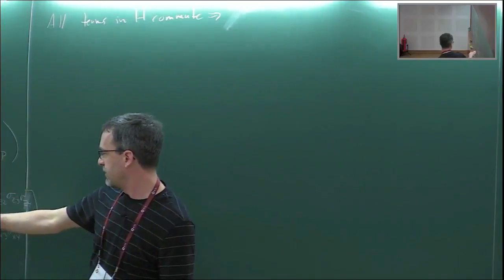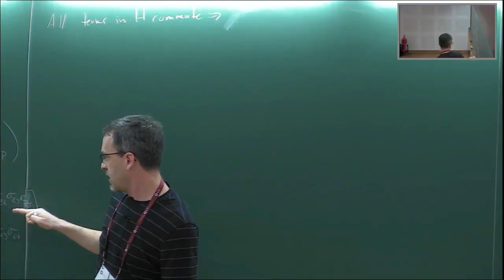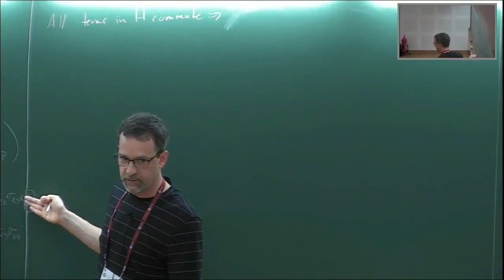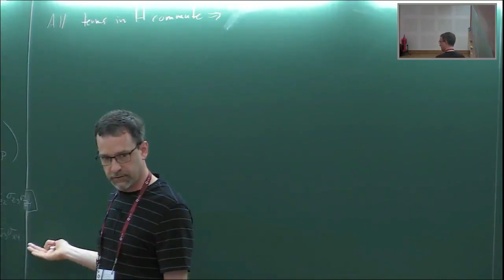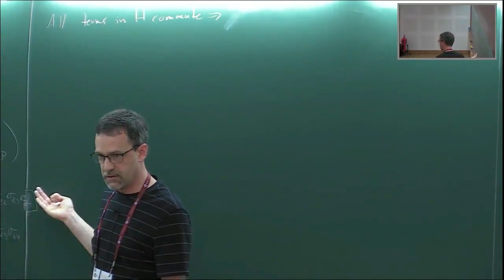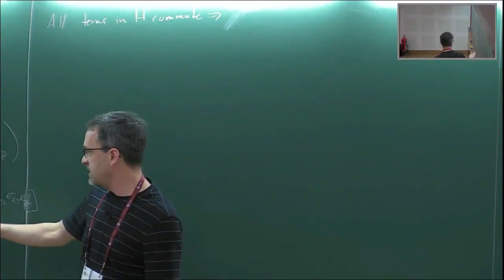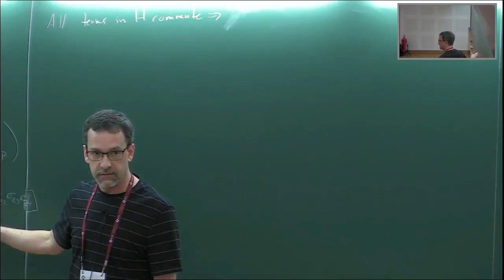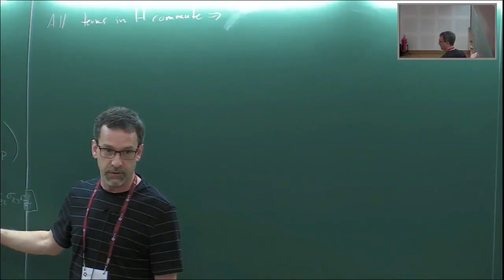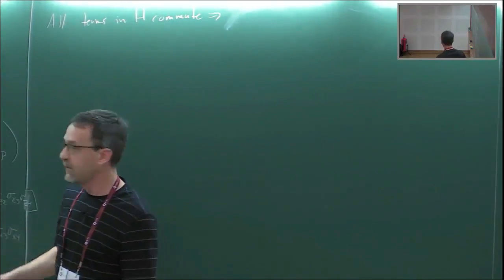So H_V, for example, for a given vertex, has eigenvalues plus or minus 1. H_P also has eigenvalues plus or minus 1. So the ground state is just a state, assuming there is one, in which all the H_Vs have eigenvalue plus 1, and all the H_Ps have eigenvalue plus 1. Okay?